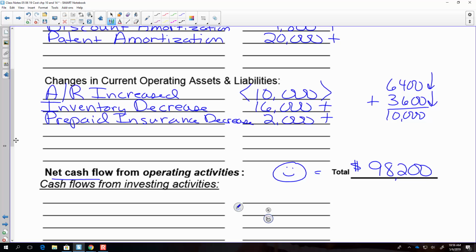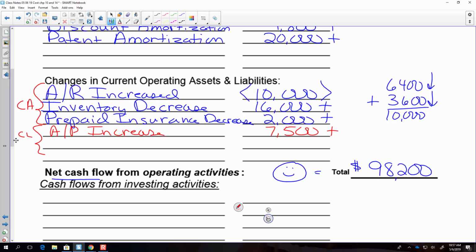Next is current liabilities. So accounts payable is always going to be there, increased. Sam, can you let me know it increased by 7,500? What does that do to my cash? Yes, very good, awesome. Let my vendors help me out with my cash flow, right?